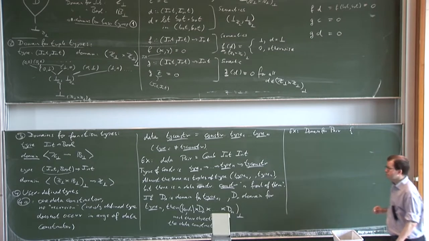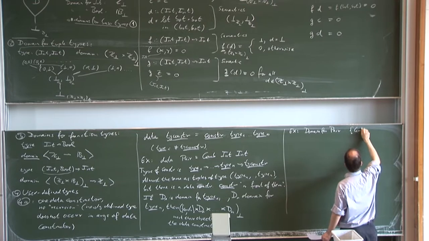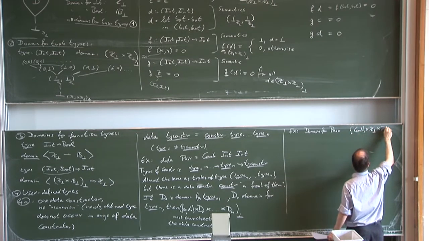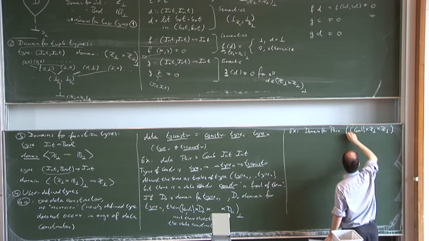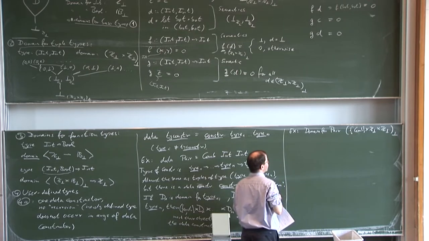It would be a set of triples. The first component is always the word comp. The second is something from Z bottom, and the third one is also something from Z bottom, but there's also another bottom element.